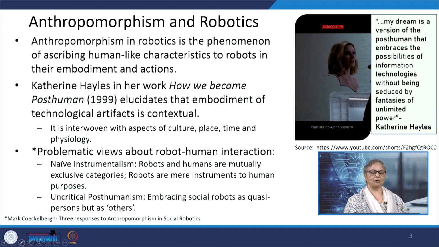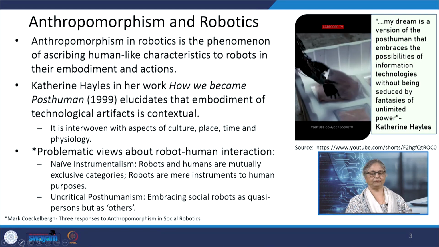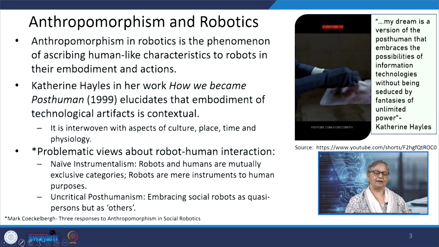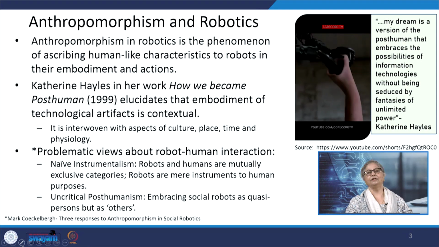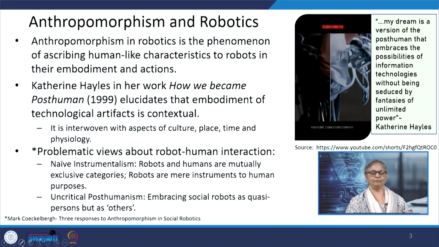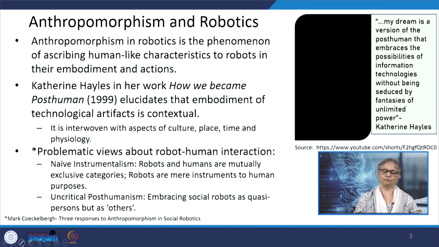There is also a problematic view about the interaction of robots and human beings. There is a naive instrumentalism, for example, which suggests that robots and humans are mutually exclusive categories and robots are mere instruments to human purposes. Uncritical posthumanism embraces social robots as quasi persons but definitely as others.